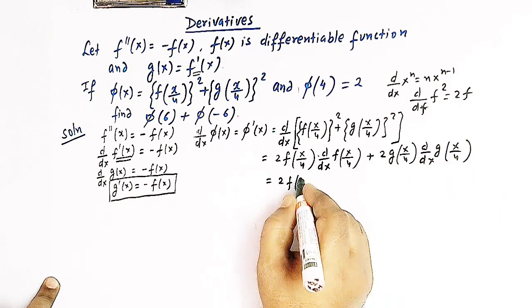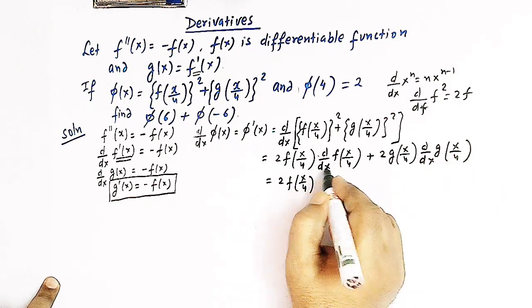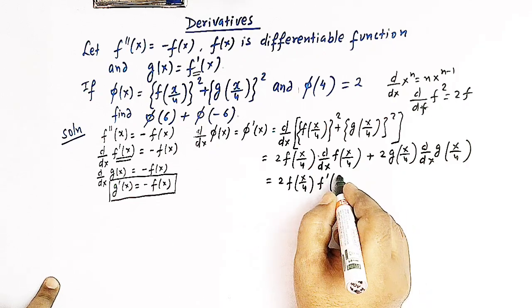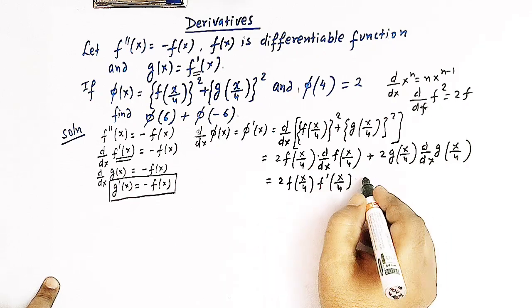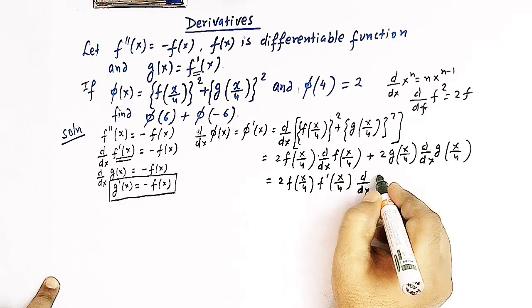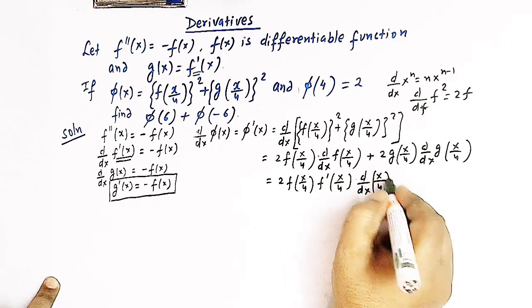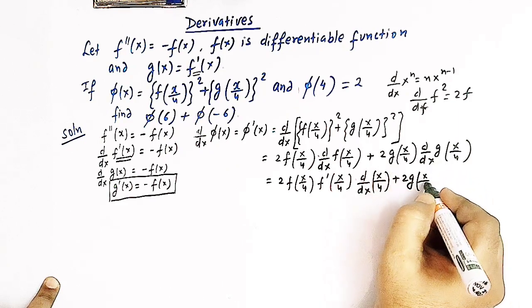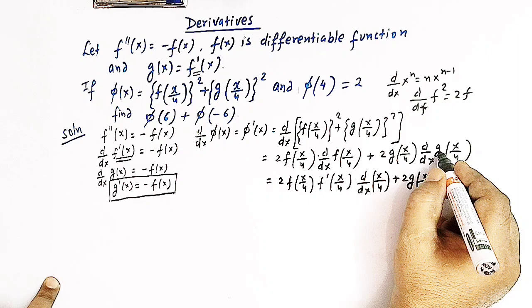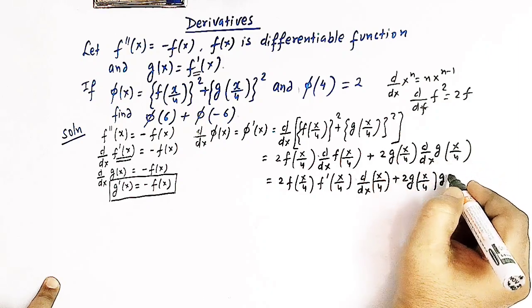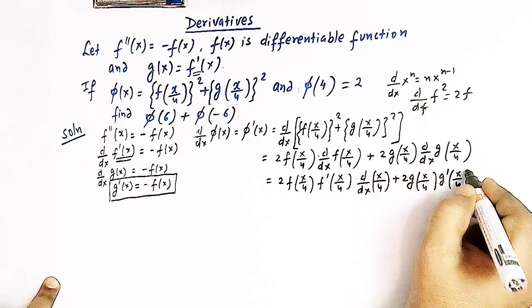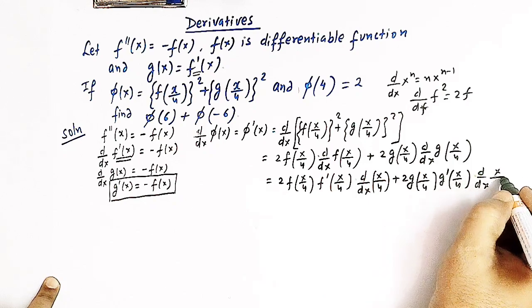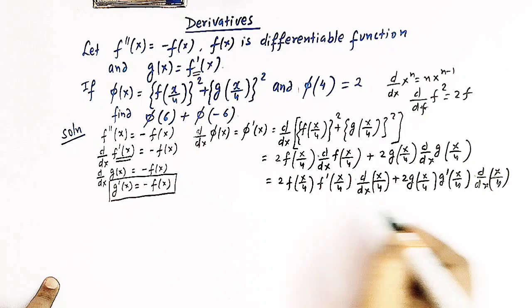So now let us simplify this expression. We have the derivative of f of x over 4, which is f prime of x over 4, and then by chain rule we have to find the derivative of x over 4. And similarly here we have 2g of x over 4, the derivative of g of x over 4 is g prime of x over 4, and then the derivative of x over 4 by chain rule, right?